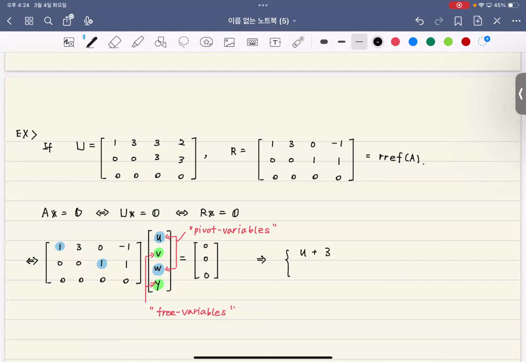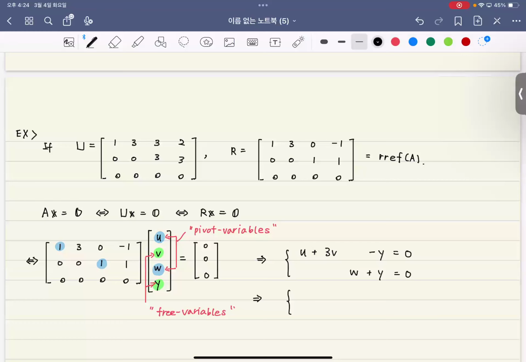U plus 3V minus Y is 0, and W plus Y is 0. So I ended up with these two equations, right? Now I have these two equations, and I want to solve these two equations for the pivot variables. How?